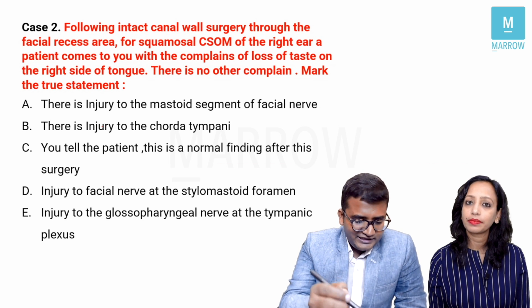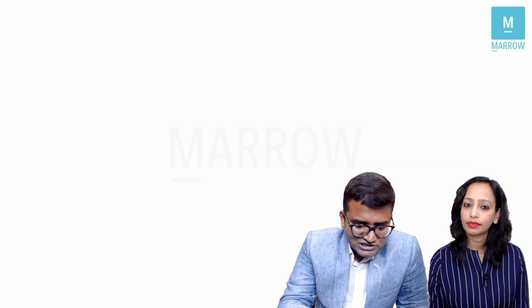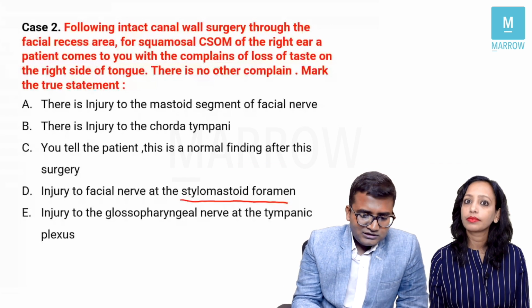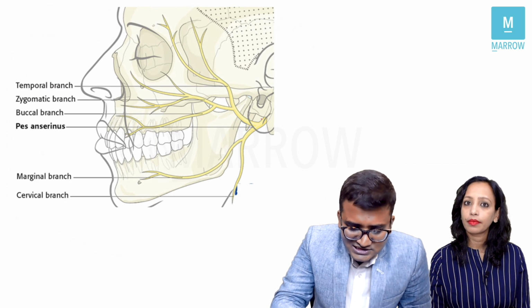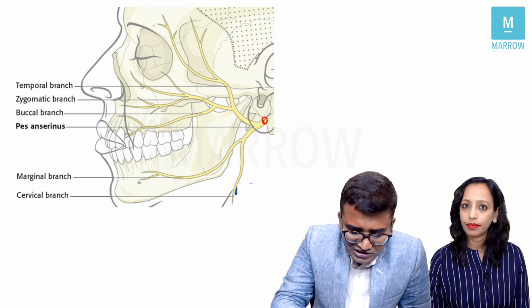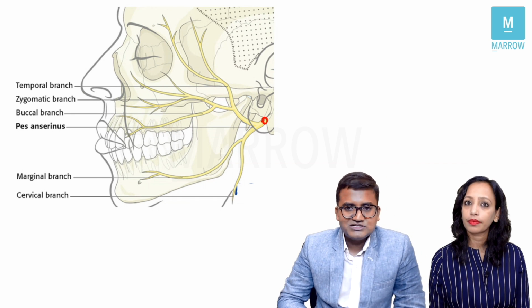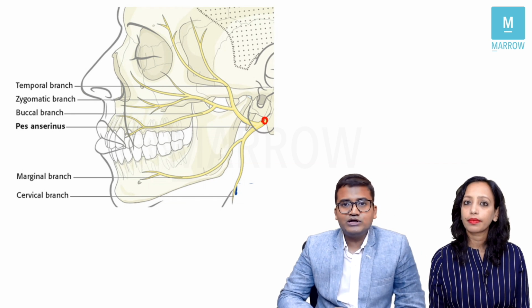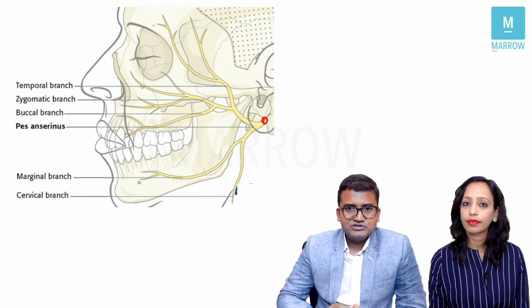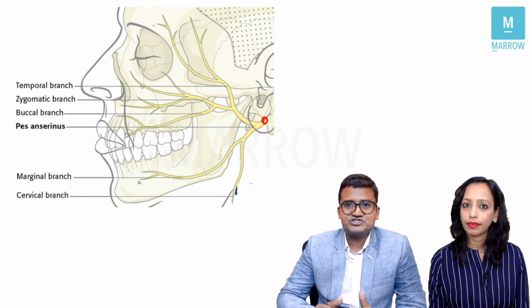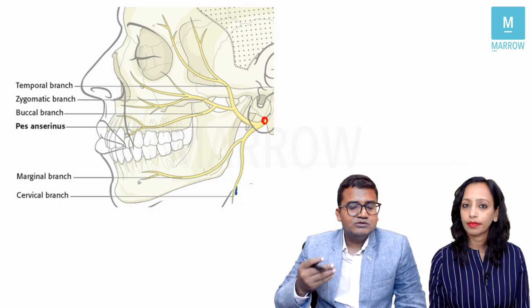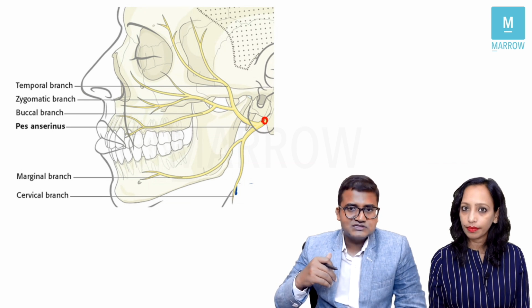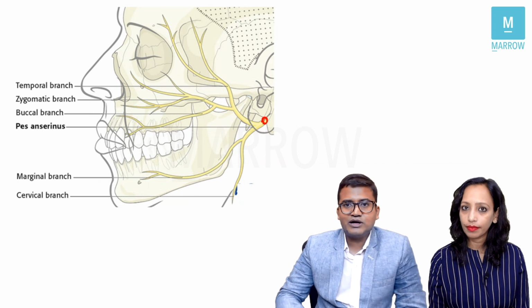Now see the option D, injury to facial nerve at the stylomastoid foramen. The facial nerve, after coming out of the stylomastoid foramen, now see the diagram here. Now this is the stylomastoid foramen. The facial nerve, after coming out of stylomastoid foramen, will give only motor branches, which give a branch to the posterior belly of digastric, very good, which gives a branch to stylohyoid muscle, yes, very good, which also gives some branch to auricular muscles, yes, and also gives motor branches to the face.